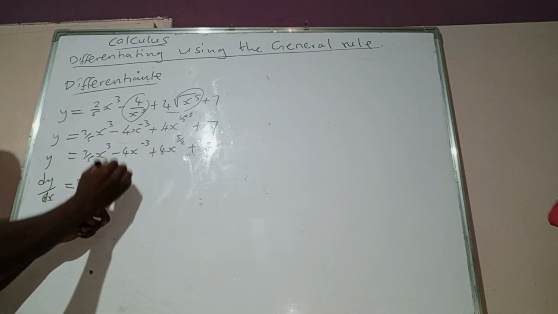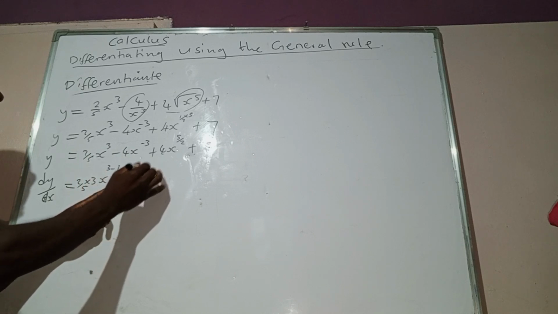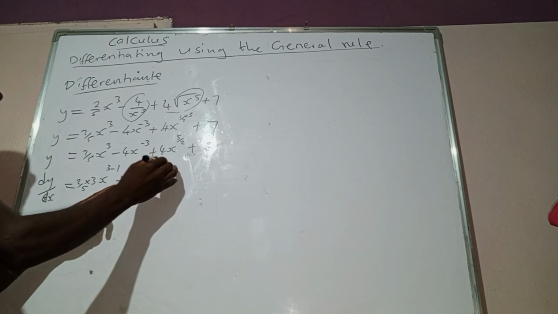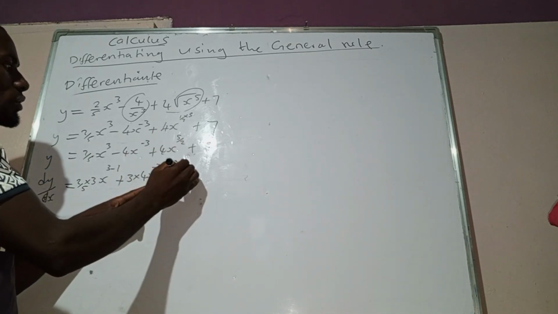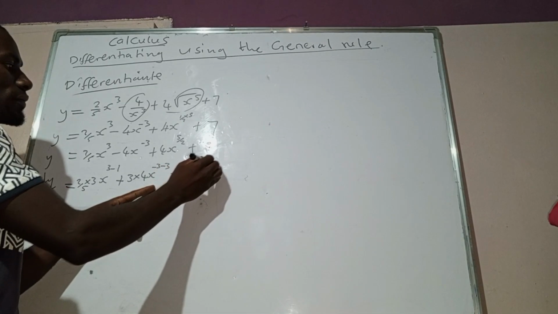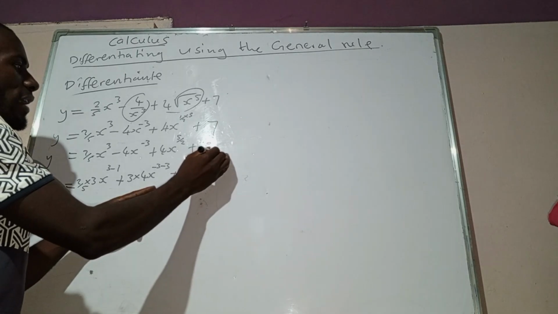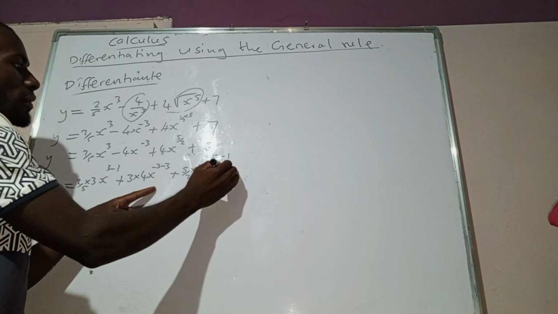So this minus also will come here, so we're going to have plus 3 times 4 x to the power negative 3 minus 1. Okay, plus we are going to have 5 over 2 times 4 x to the power 5 over 2 minus 1, plus.